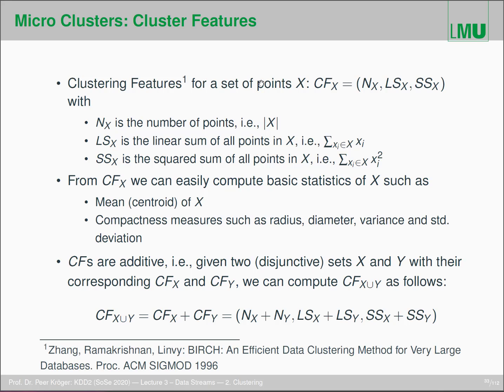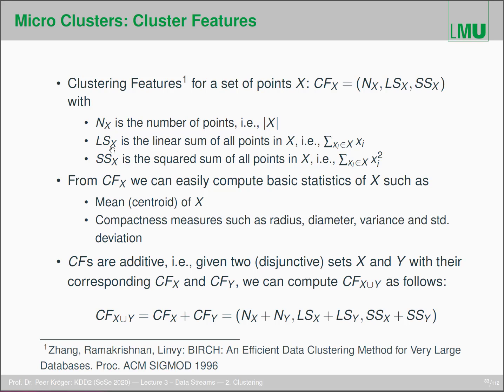And they proposed to summarize a set of data points x by three values. So Nx is the number of points in the set. You summarize the linear sum of all points, so you just sum up all the feature values.